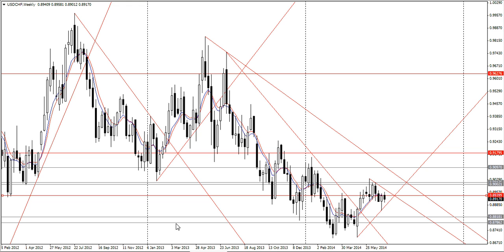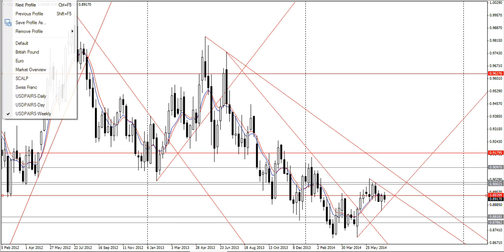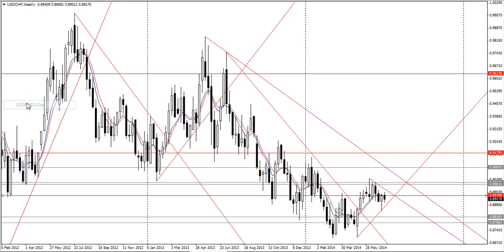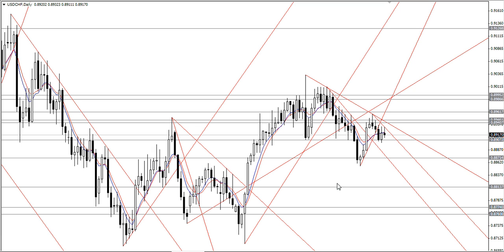Let's move into a daily chart. Pull up a daily profile. Frank, we did get a close below a trend line, a very steep trend line, but it did support on this level here of the 89.07.